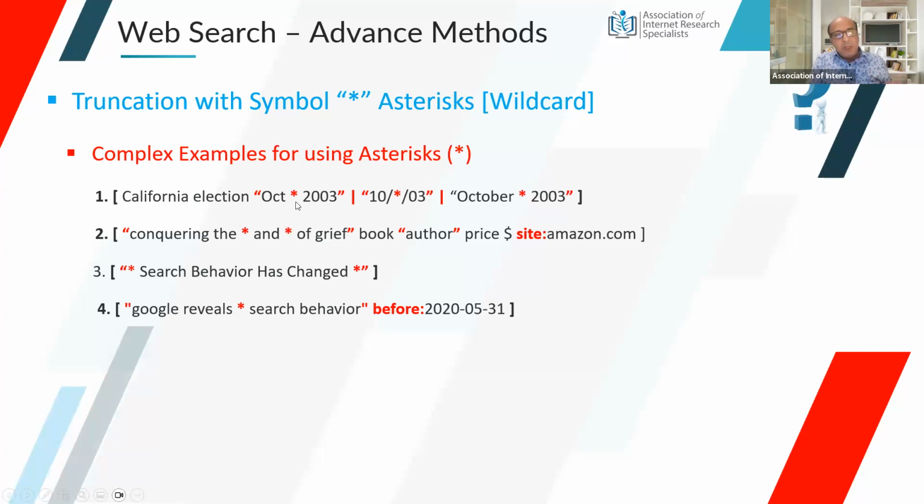Not that we are querying the date or the day itself, but with the options that you see, with different formats of dates put in there, the search would find the exact date with the day not available to us. Yet we want it to be found with reference to California elections. We know it's in October sometime and it's in 2003, but the exact day we don't know.